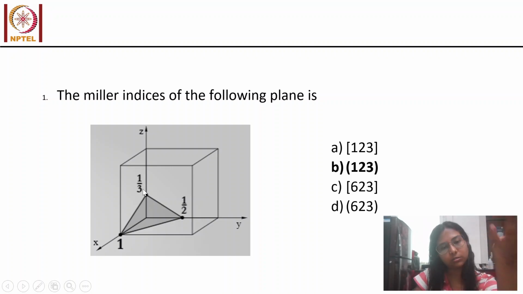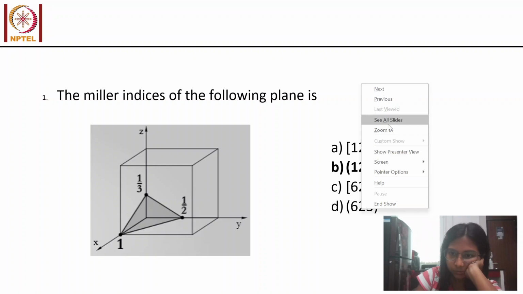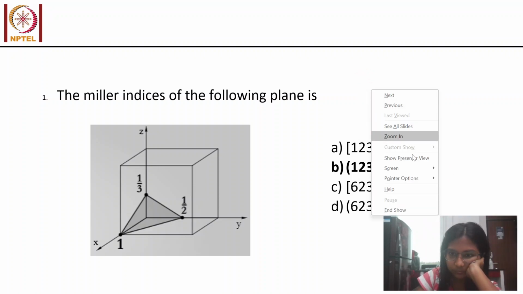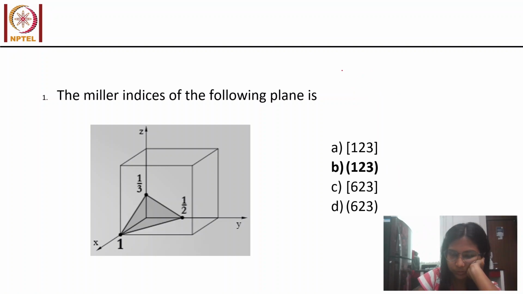So this is very simple. We have the intercepts, and what we have to do is clear the fractions. The convention is x, then y, then z.